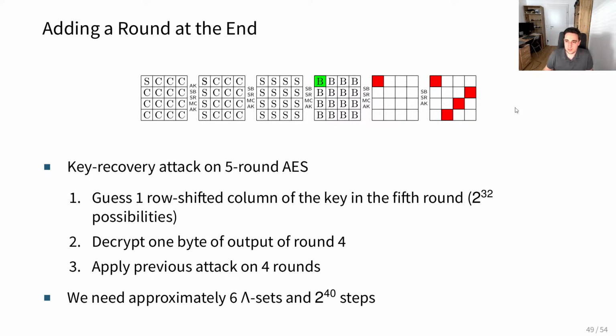Which means that in the very last of these 5 rounds, so the 5th round, essentially, we need to guess 4 key byte values in order to achieve this representation here where we need to guess one value. So in total, we need to guess 5 key bytes in order to verify this property, which means we need around 2 to the power of 5 times 8, which is 2 to the power 40 steps, because 8 is the 8 bits for each of the elements.